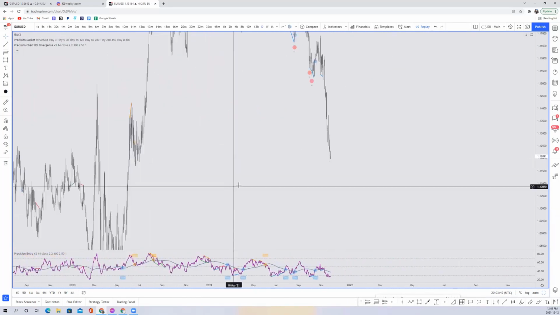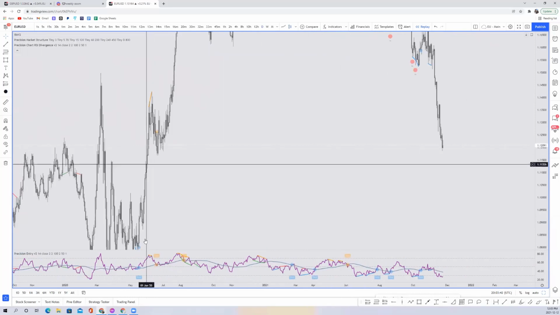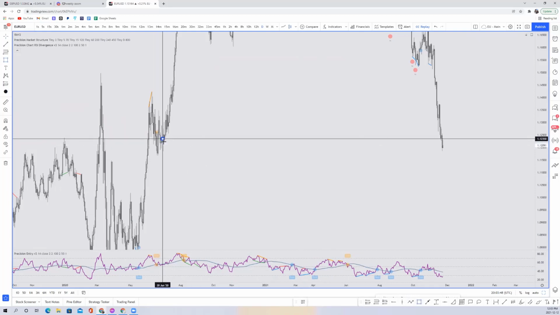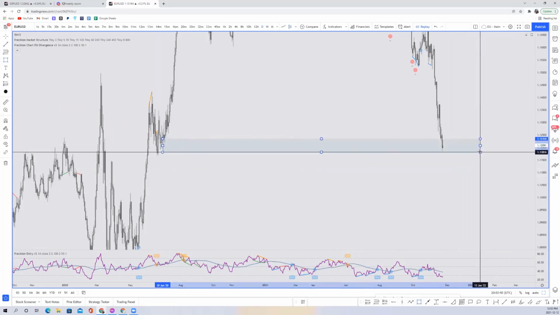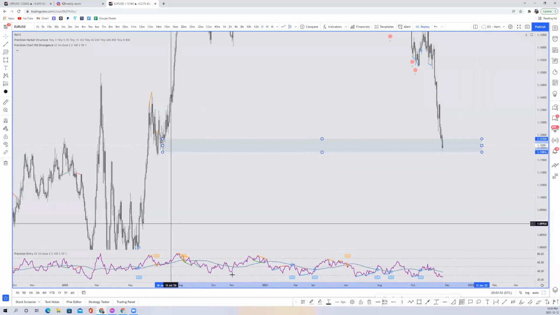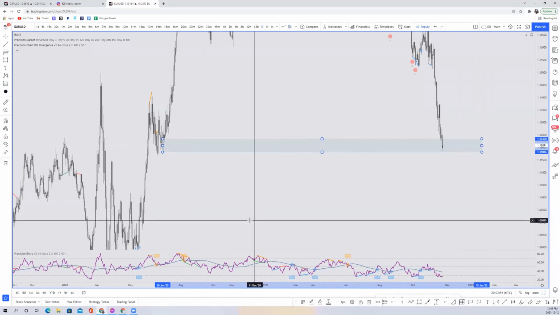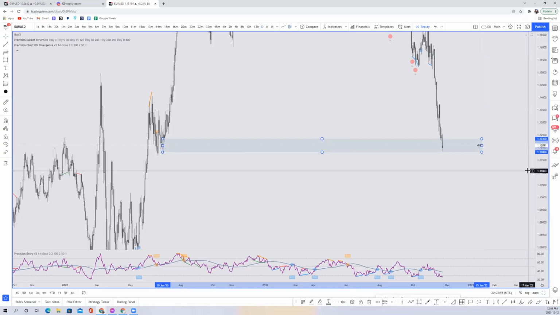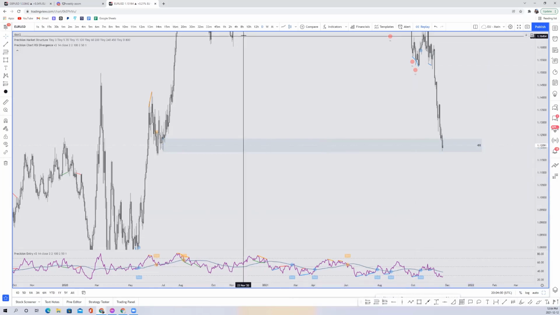So yeah, we are reacting to a daily zone. To make things simple, we'll just pull one of these wicks for now. This is actually a weekly zone too, I believe. So you do get a pretty decent reaction off one of these. I'll call it 4-hour because that's where I want it to appear.